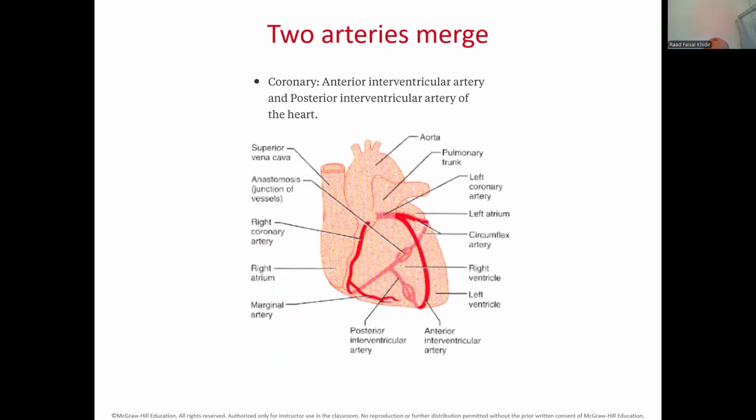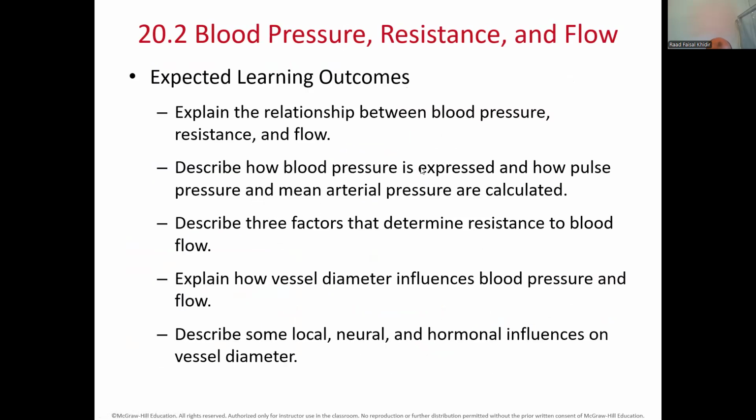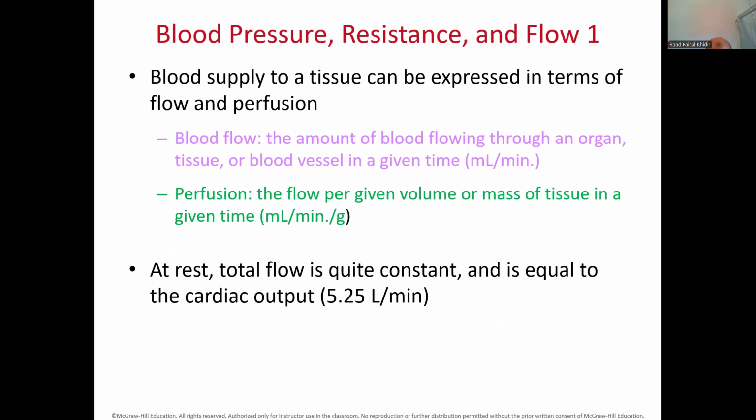Okay. Arteries merge, like in the coronary circulation, the anterior interventricular artery and the posterior interventricular artery of the heart. So the blood supply to a tissue can be expressed in terms of flow and perfusion. So blood flow is the amount of blood flowing through an organ, tissue, or blood vessel in a given time.